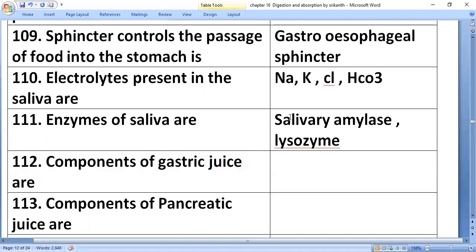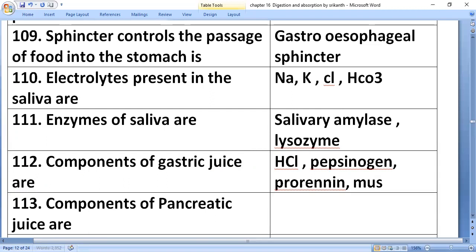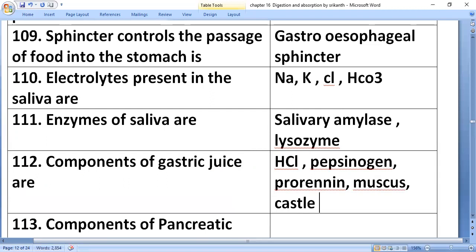Components of gastric juice are HCl, pepsinogen, prorenin, mucus, and castle's intrinsic factor.